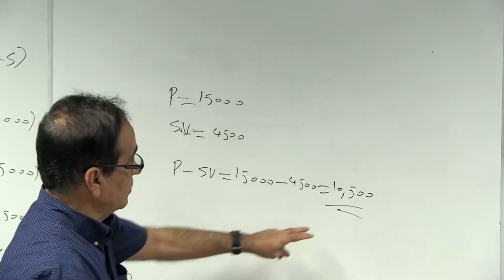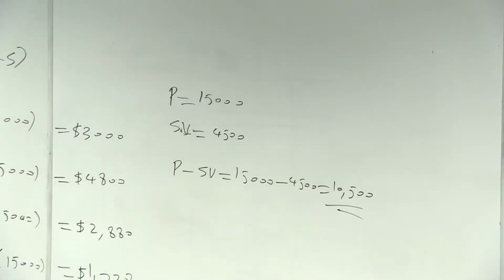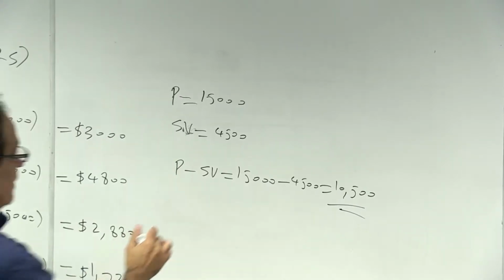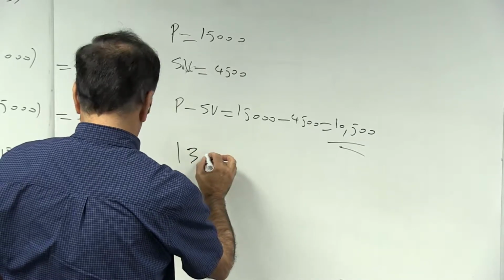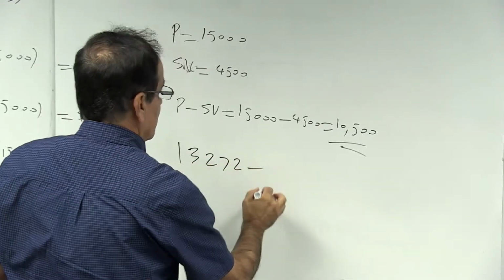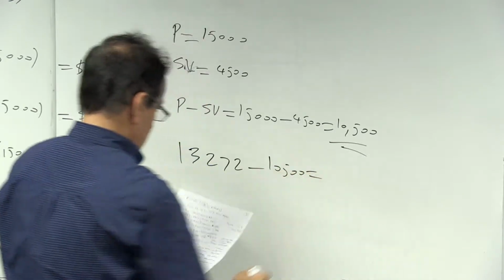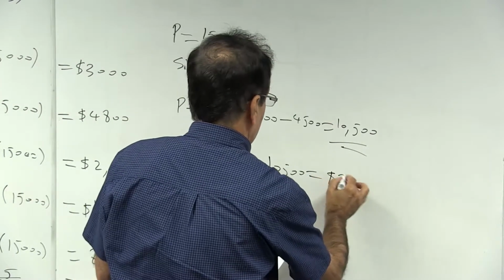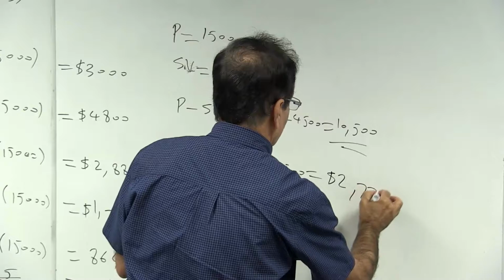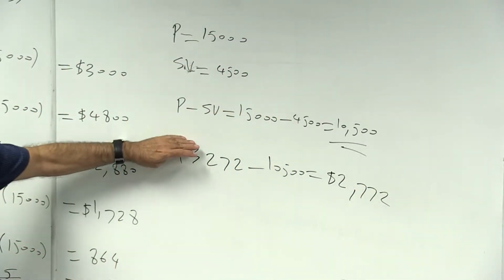You're only allowed to depreciate 10,500, but you depreciate a little more than that, 13,272. If I subtract these two numbers, 13,272 minus 10,500, then you're going to get 2,772 here.